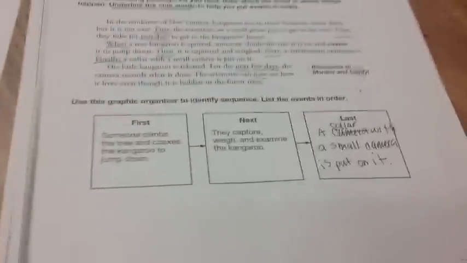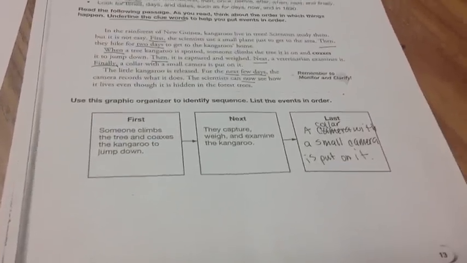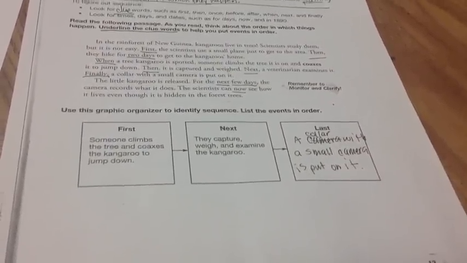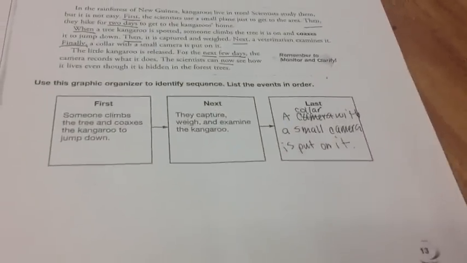All right. So first, someone climbs the tree and coaxes the kangaroo to jump down. Next, they capture, weigh, and examine the kangaroo. Last, a collar with a small camera is put on it.